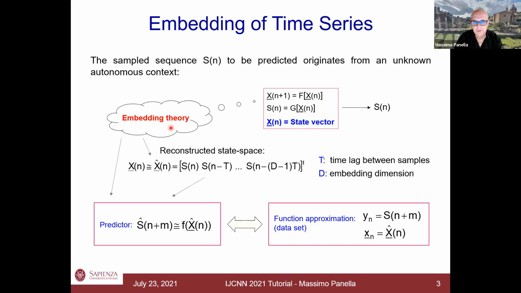So embedding theory aims at reconstructing or estimating the internal state of the system, and the neural network can be used to approximate the nonlinear function linking the internal state to the output observed sample, or the new state, in order to forecast the new sample.